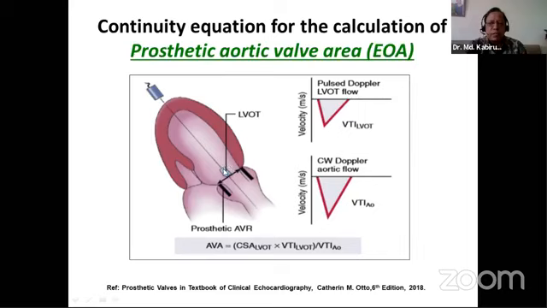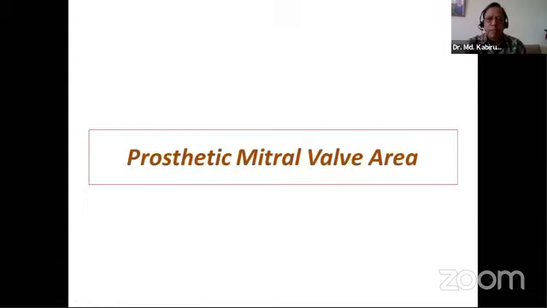You have to find out the LVOT VTI by placing the pulsed Doppler and then tracing it, and you will get the VTI of LVOT. Then you put continuous wave Doppler along the aortic valve, and you will get this type of image, and trace it. You will get the VTI of the aortic prosthesis, apply this formula, and you will get the effective orifice area of the prosthetic valve.